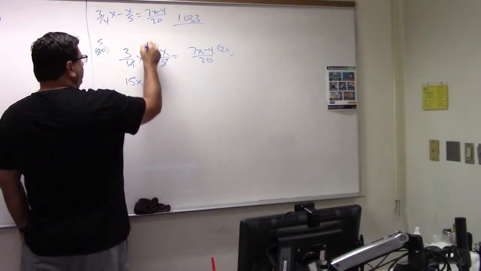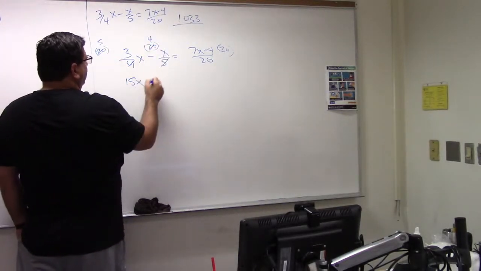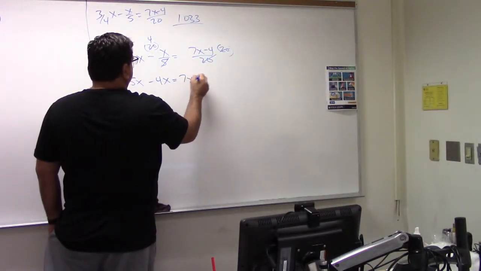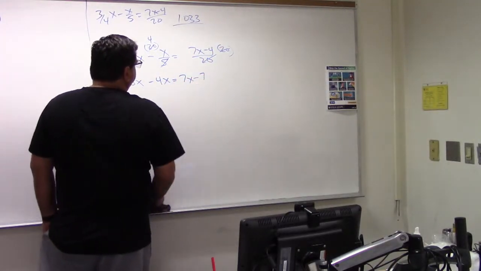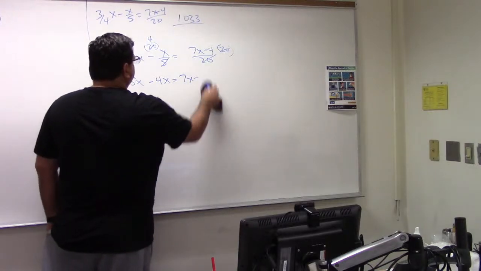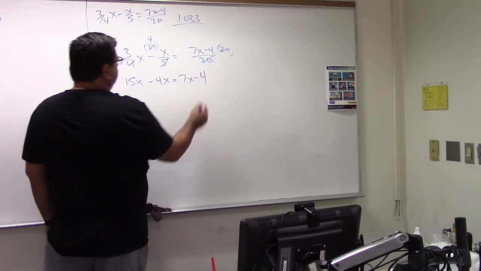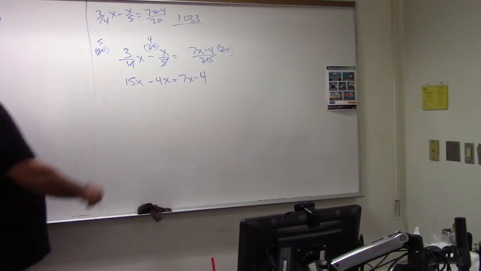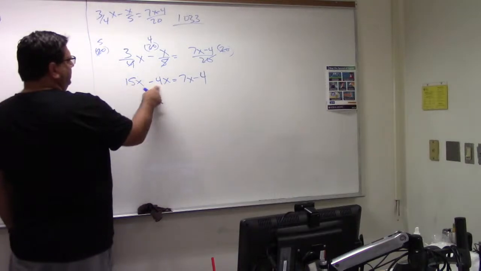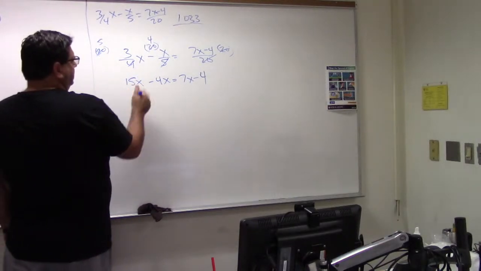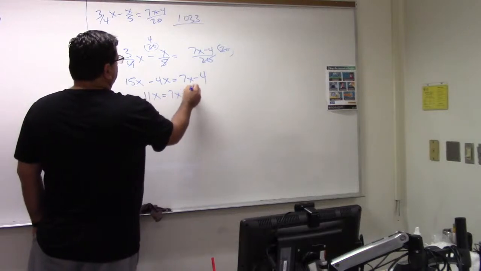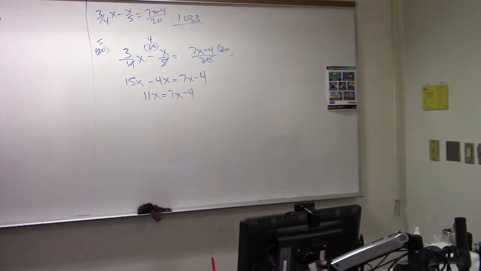Remember, we're dividing first, multiplying second. Okay, we good there? Yeah. Now, 15x minus 4x is 11x equals 7x minus 4. We good there?